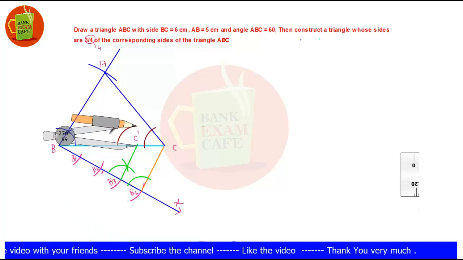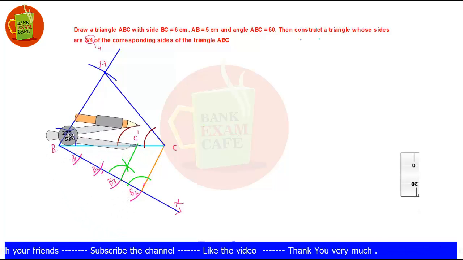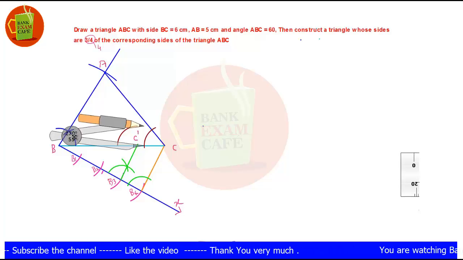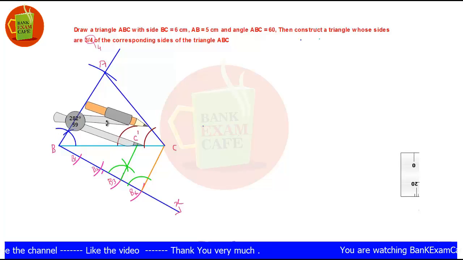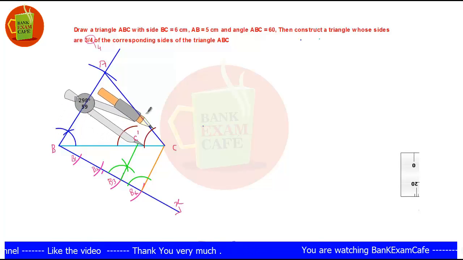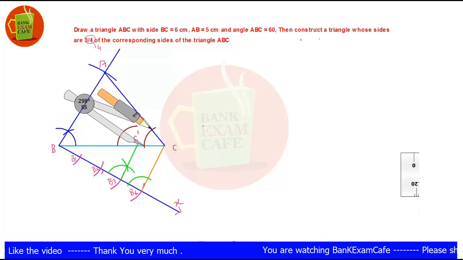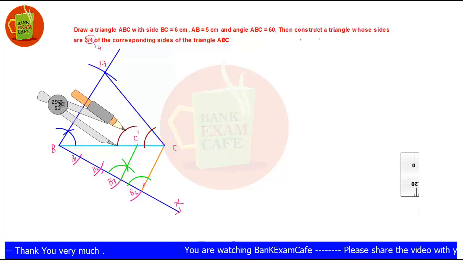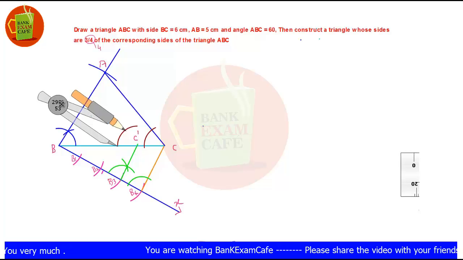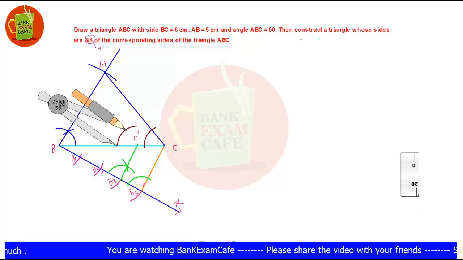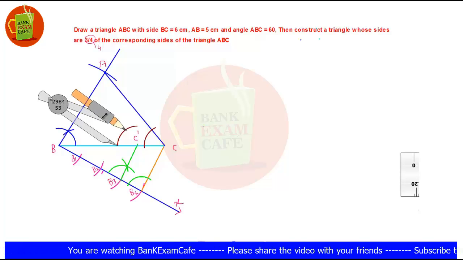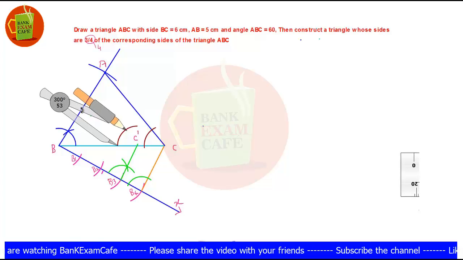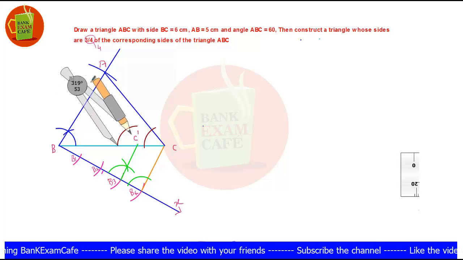Now again go back to this point and take a distance equal to the distance between these 2 points of intersection, then come back to this point and draw an arc intersecting the previous arc.